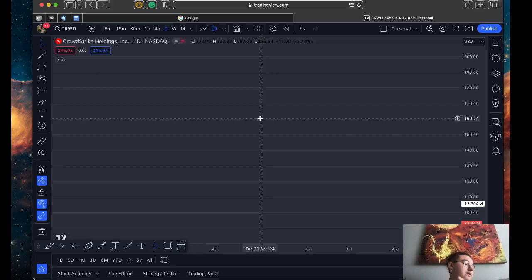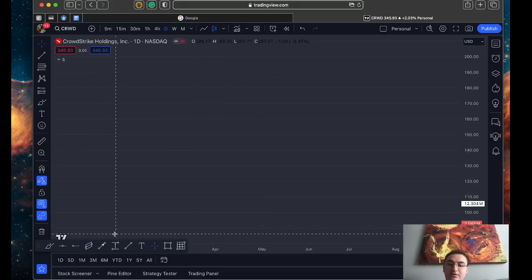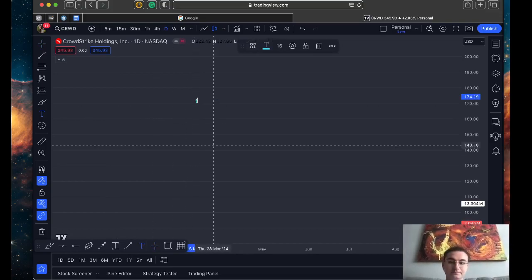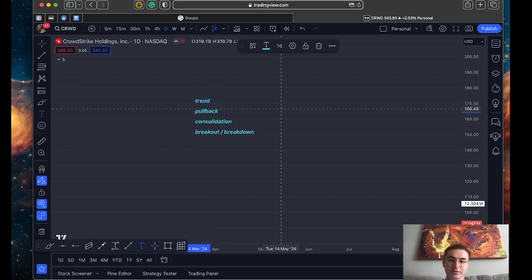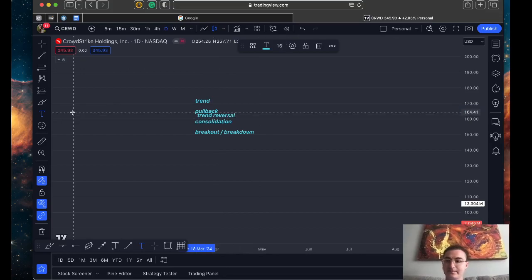Alright, now with all that being said, what I want to talk about is basic price action terms. So we have trends, pullback, consolidation, breakout slash breakdown, and trend reversal, which we can put right here.